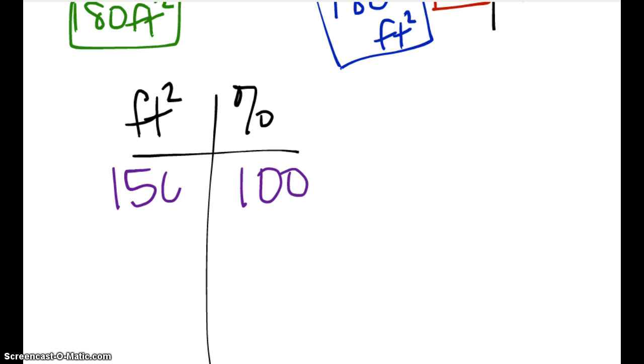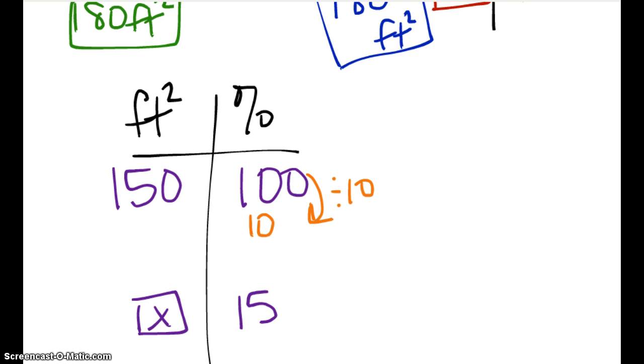Let's say we only wanted to find 15%. What would 15% of our square footage be? In this case, I'm going to scale 100 to 10. So I'm going to divide this by 10 and divide this by 10, and that gives me 15.